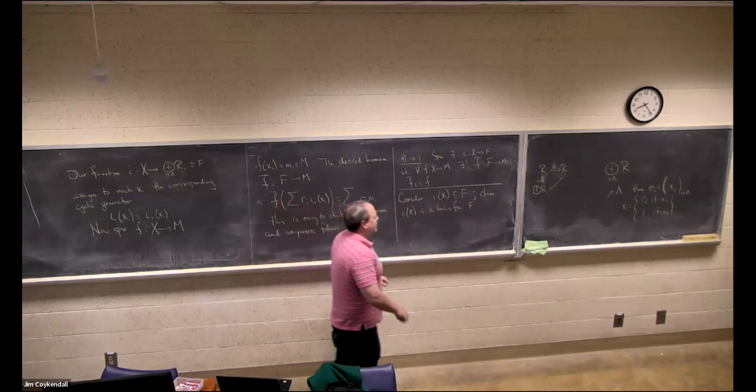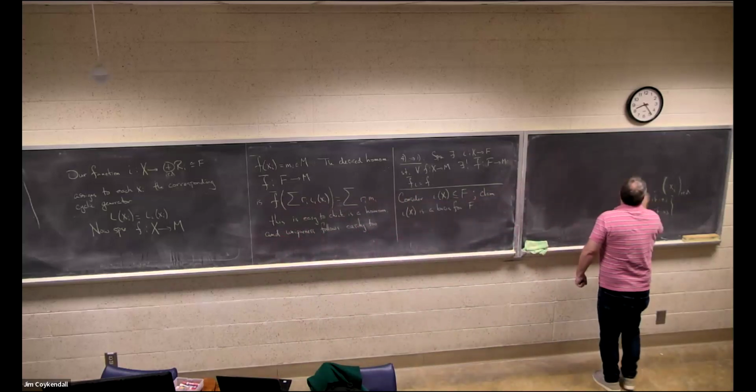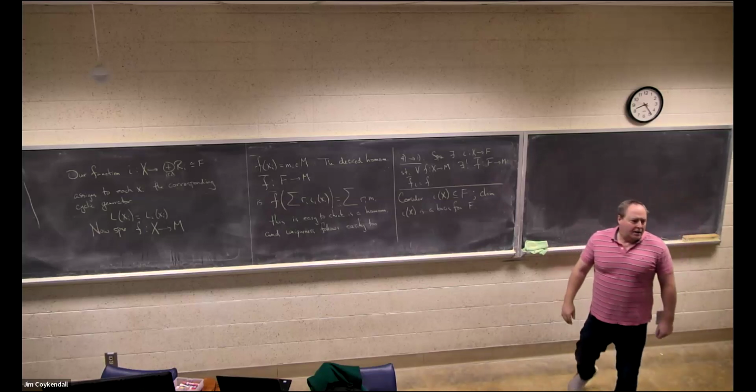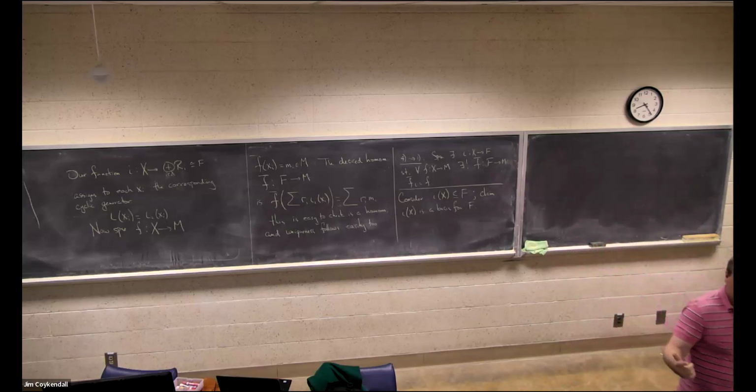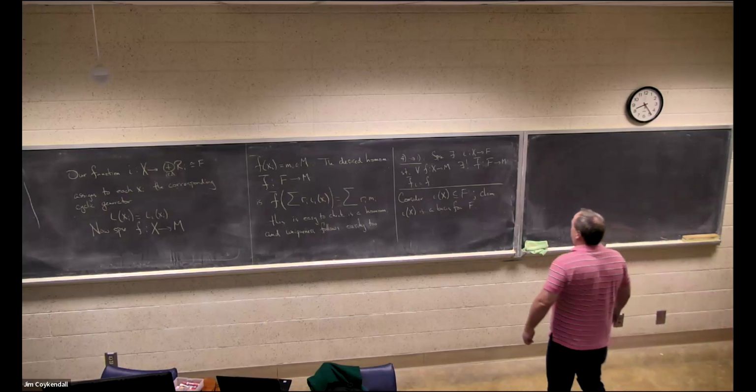How are we going to go about that? I'm going to do a couple of diagrams here. For iota of X to be a basis, I've got to have two things going on. It's got to span, so it generates the whole thing, and it's got to be linearly independent. First, I'm going to claim it spans.